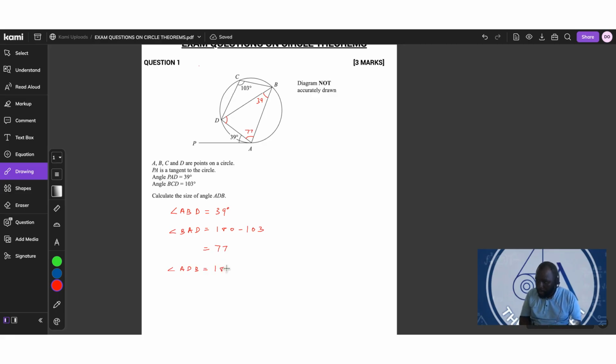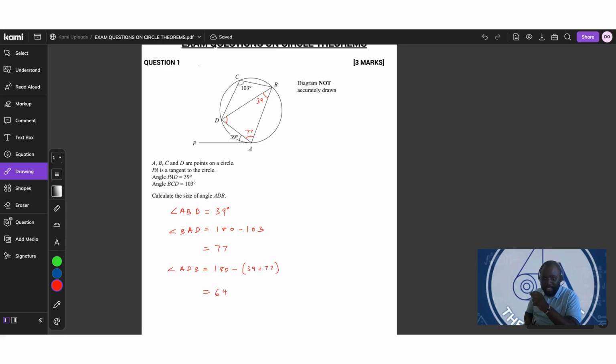So this angle will be 180 minus (39 plus 77). So we now have 180 minus, you open the bracket, 39 plus 77, and you get that answer equal to 64.